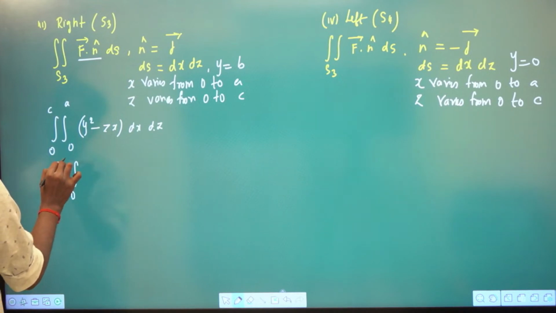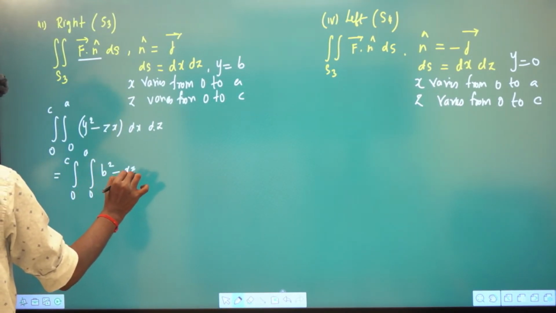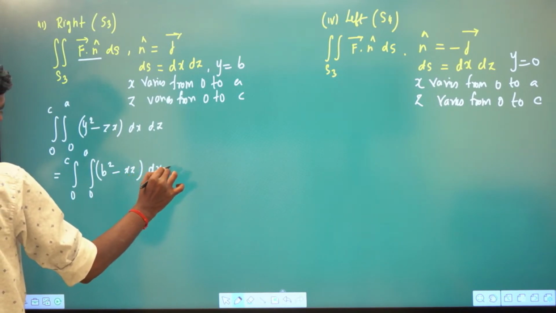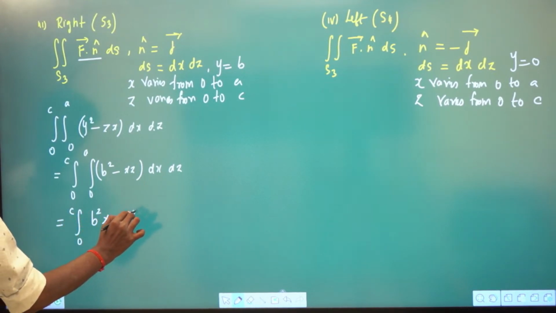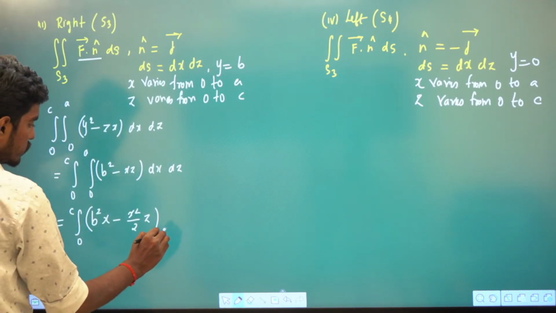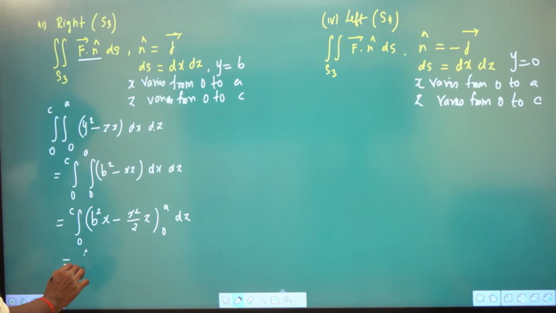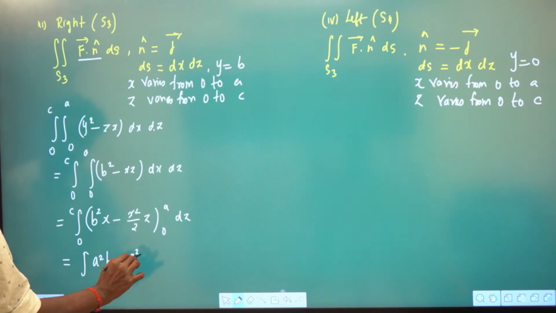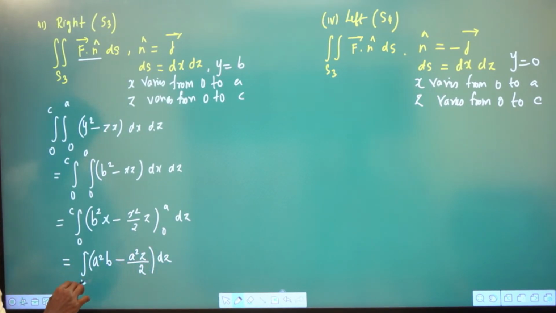So the integral from 0 to c, integral from 0 to a, of b square minus xz dx dz. Integrate first with respect to x, it will be b square x minus x square by 2 times z. Now for 0 to a, upper limit minus lower limit, so this will be a square b minus a square z by 2, dz, from 0 to c.